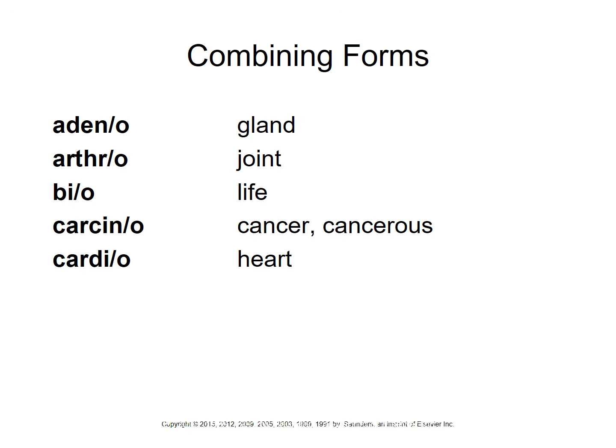Bio, think about biology. Biology, logy, the study of what? The study of life. Carcino, like a carcinogen, something that causes cancer, and cardio, like a cardiogram, is for heart. So try and think of terms that you may have heard before.